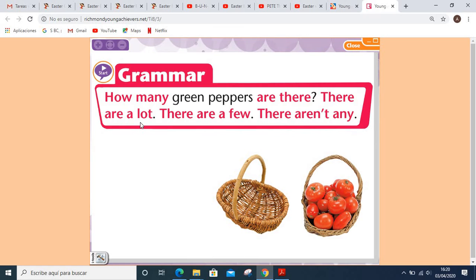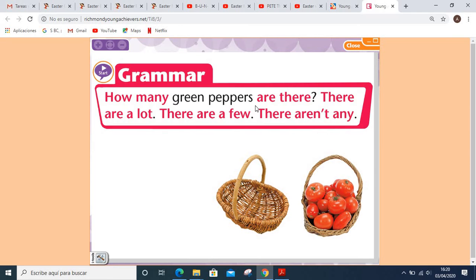There are a lot. There are a few, or there aren't any green peppers. I think there aren't any green peppers. If the question was how many tomatoes are there, we could say there are a lot, because there are a lot of tomatoes, yes?